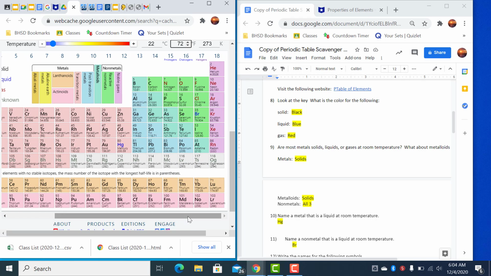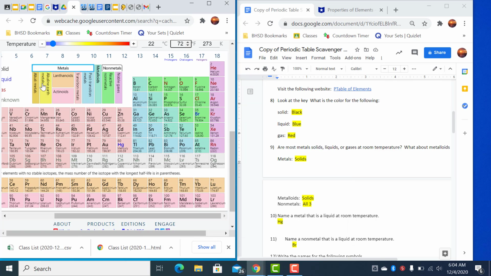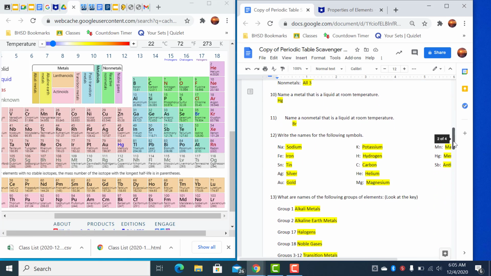So I would say more of the nonmetals are gases, but we do have solids, so iodine, selenium, sulfur, phosphorus, carbon, and then there's the one liquid. So nonmetals have all 3 types. More gases than anything, but there's a good number of solids, and then there's the one liquid.